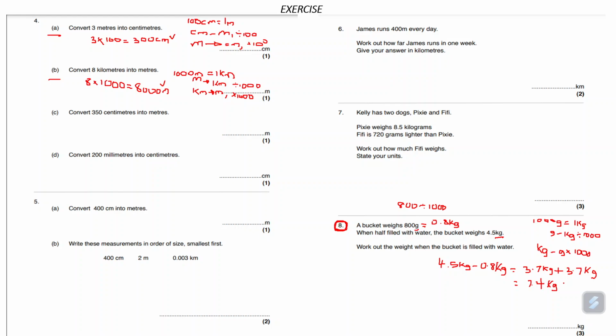Then you need to add the actual weight of the bucket again. So 7.4 kilogram plus 0.8 kilogram will give us 8.2 kilogram. Therefore, the weight of the bucket when filled with water is 8.2 kilogram.